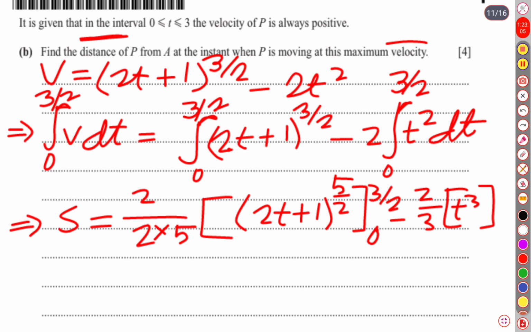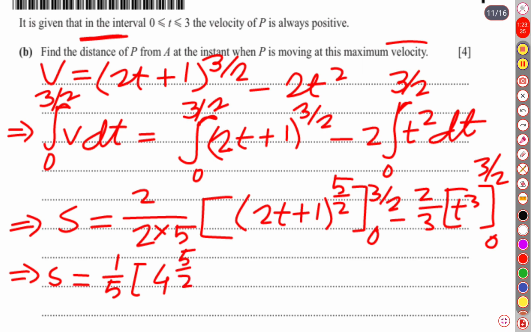So s is equal to 1 over 5, and if we insert 3 over 2 instead of 2t, it is 3 plus 1, 4, so 4 raised to 5 over 2, minus 1 raised to 5 over 2, since if t is 0 the value of the function is 1.